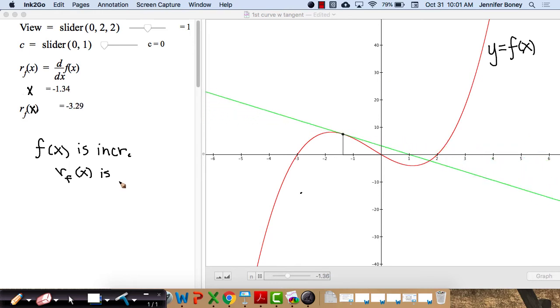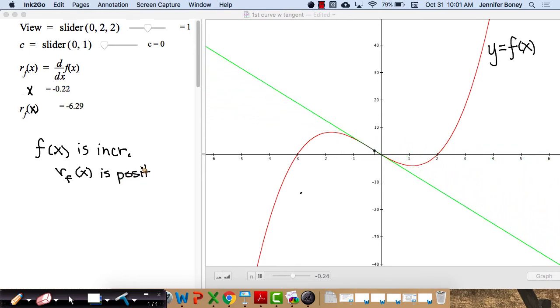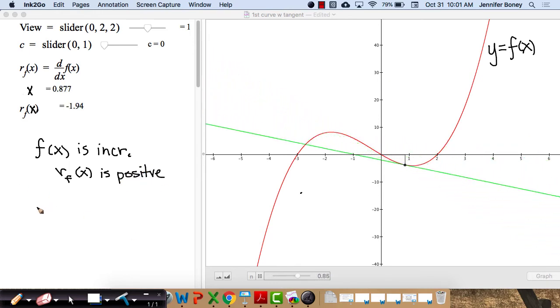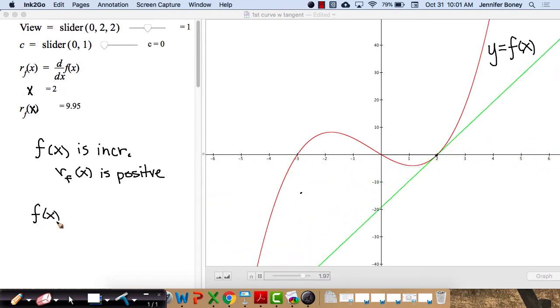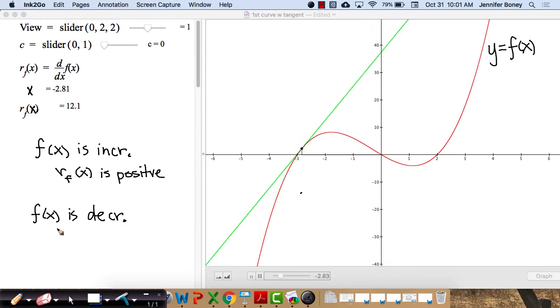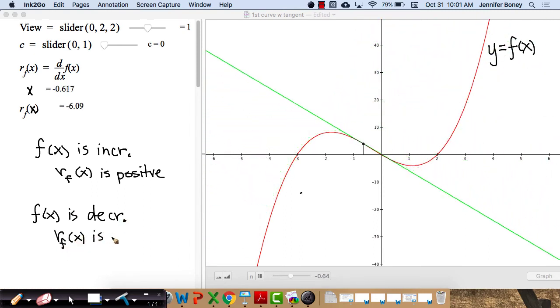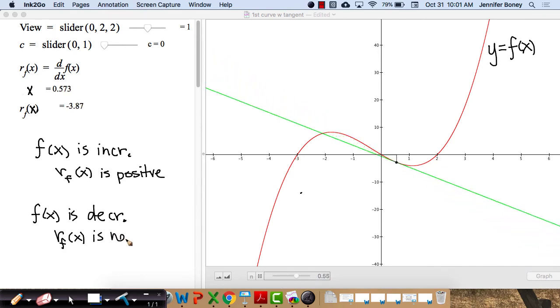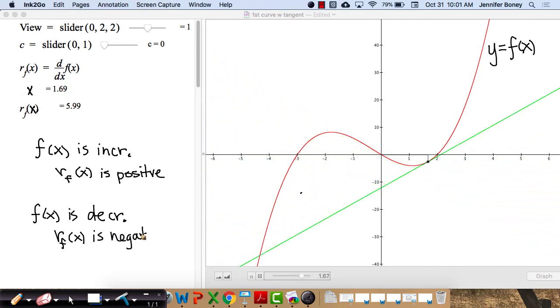All right, and likewise, if I'm talking about f of x, the accumulation function here, decreasing, then I know that the rate of change, r sub f of x, is negative, right? And we've got those individual spots on this graph where it's kind of changing over from one to the other.